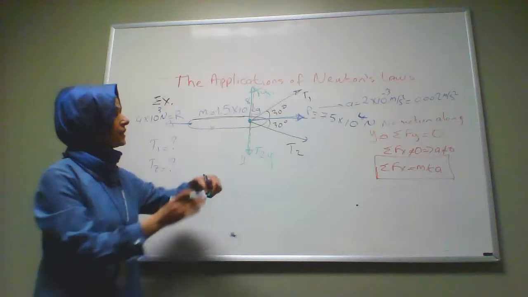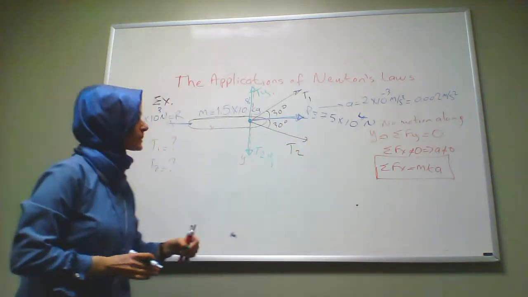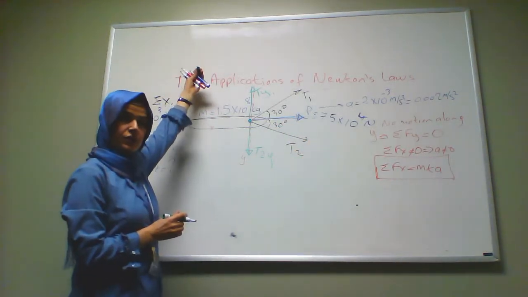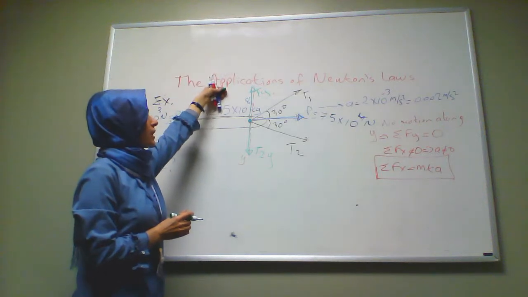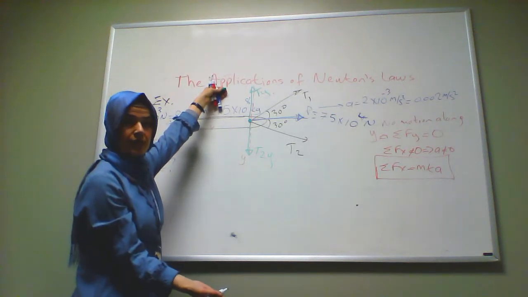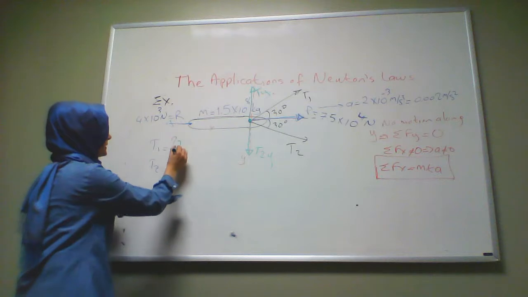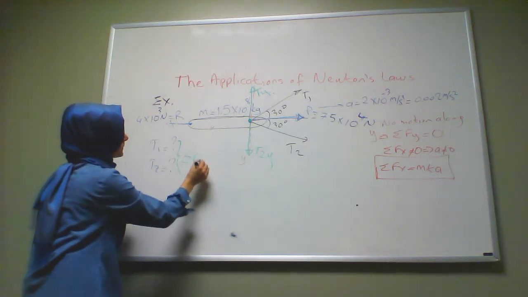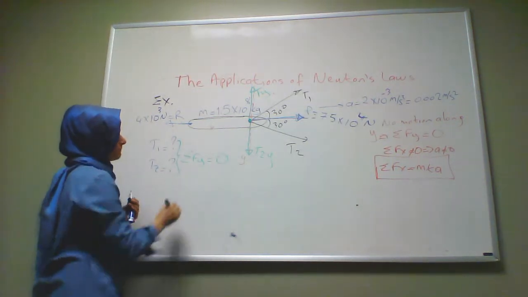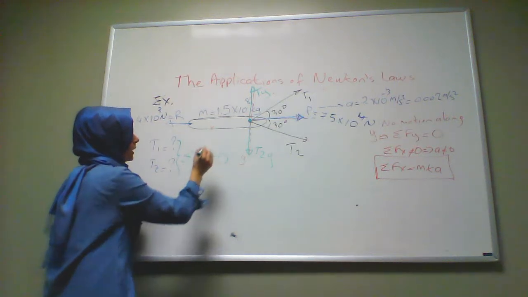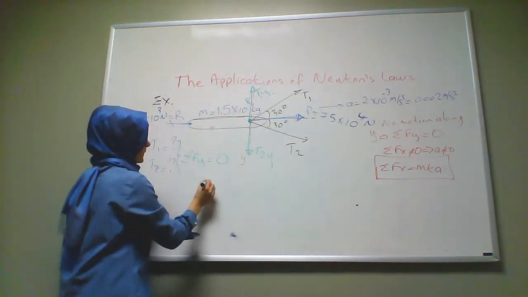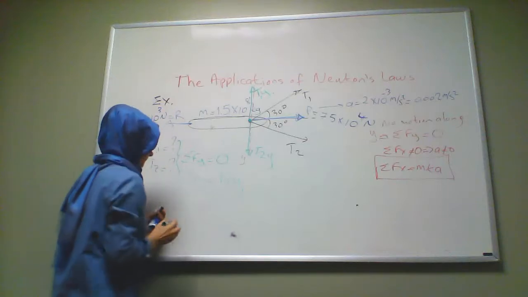The total force along y being 0 tells me that the total force in the upward direction is equal to the total force in the downward direction. So the fact that total Fy is 0 tells me that T1y is equal to T2y.